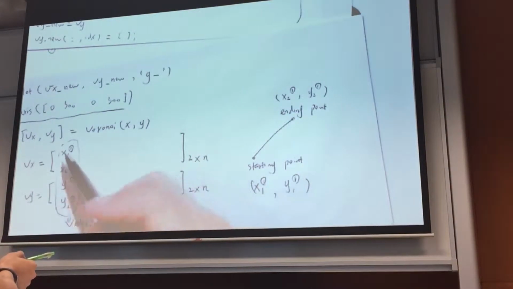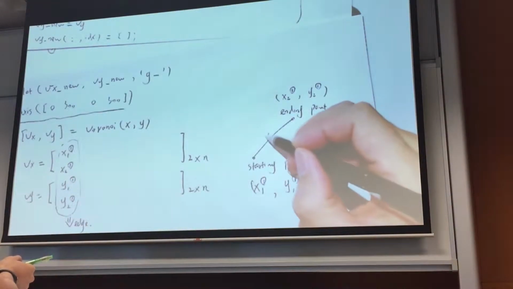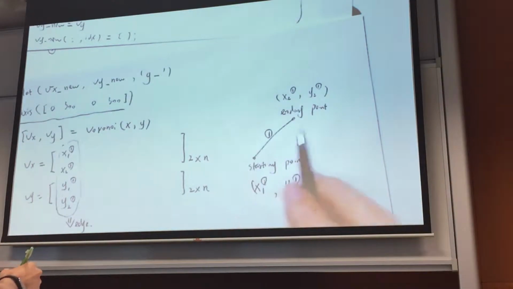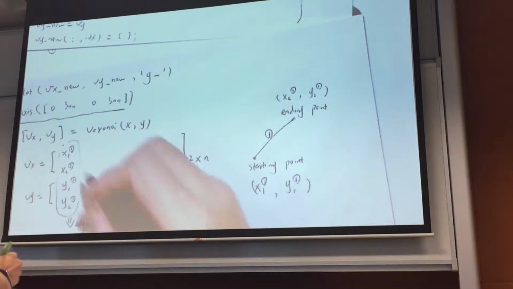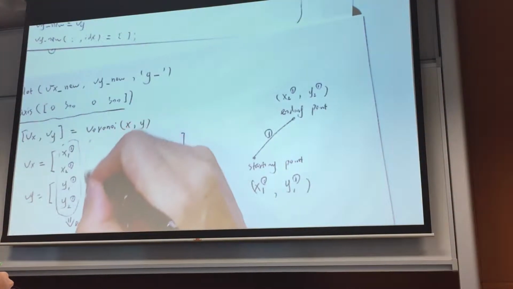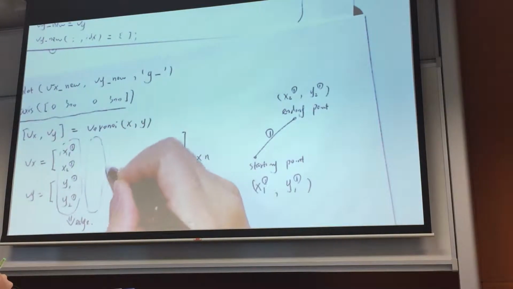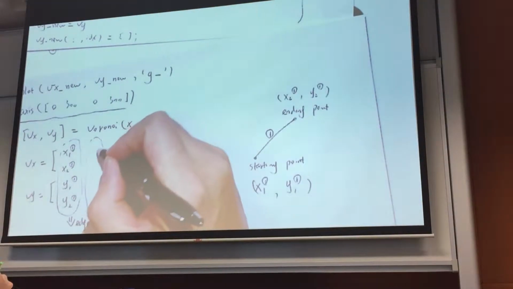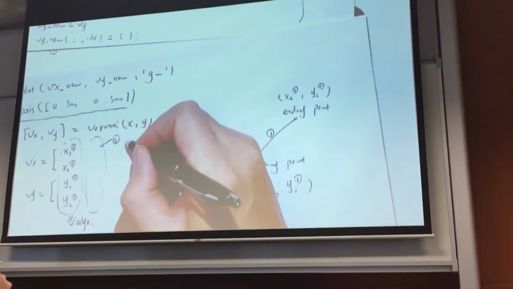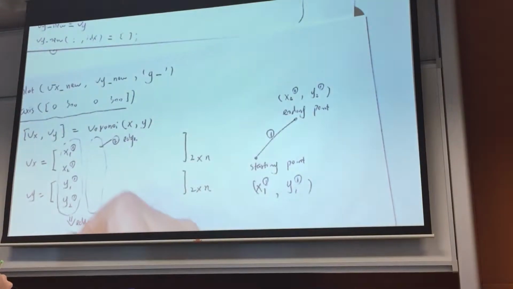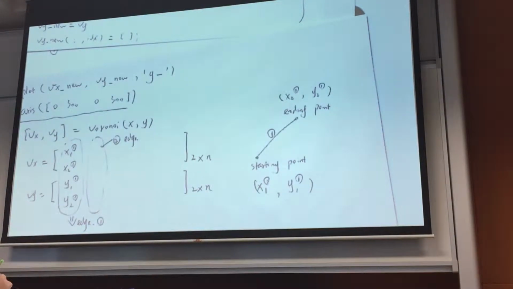And this one means the first edge. The next 4 values will define the second edge. These are the second edge. This is the first edge.